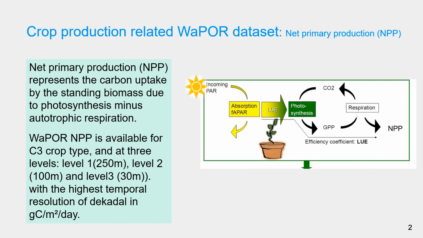The WaPOR NPP layer is available for C3 crop type and at 3 spatial resolutions. The coarsest spatial resolution is 250 meter and the finest spatial resolution is 30 meter. The highest temporal resolution of the WaPOR NPP layer is decadal. The values are reported in gram carbon per meter square per day.